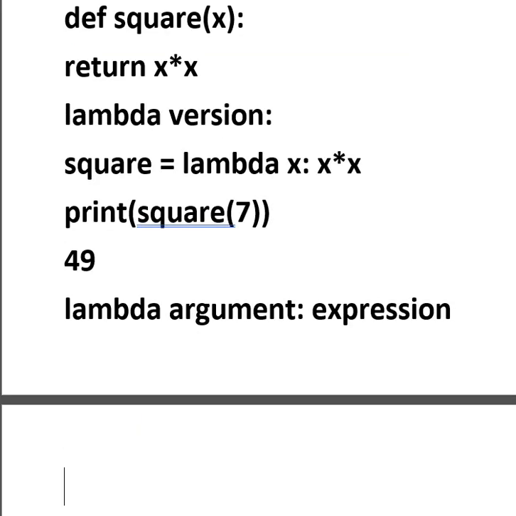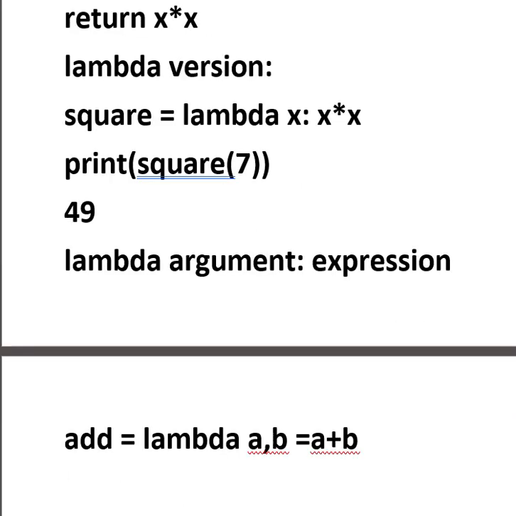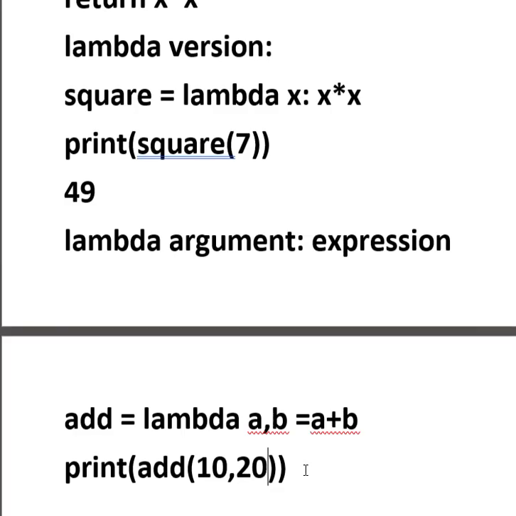I'm going to give an example: add two numbers. add is equal to lambda a comma b colon a plus b, and then I'm going to print add of 10 comma 20. What will be the output? 30.